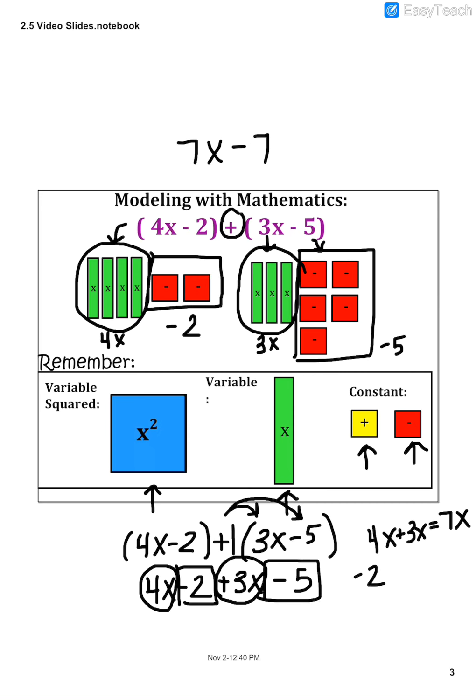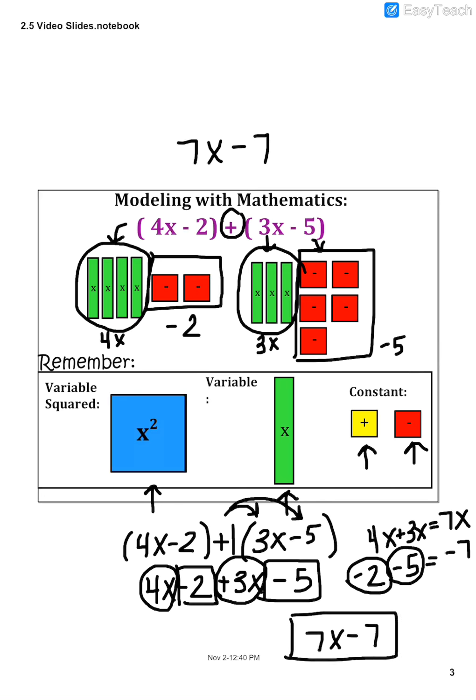I put them together on the side, and I know from Unit 1, using the battle method, these combine together, they're on the same team, and there's 7 soldiers. Now all I'm going to do is put my two terms together. 7x minus 7, which is my final answer. And that's exactly what we modeled here using the algebra tiles.